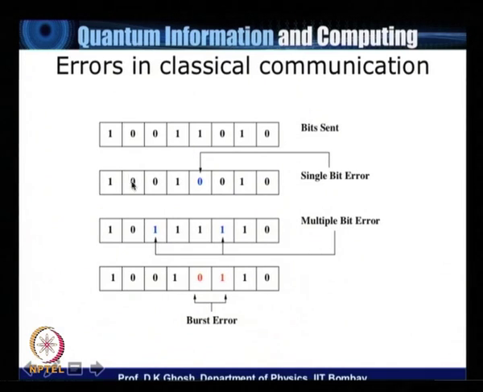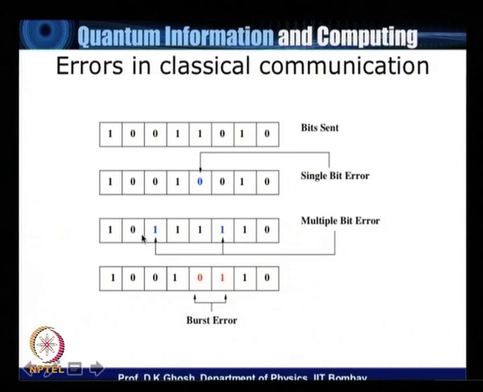Now if you compare the second line with the first one, this is not very clearly visible, but there is a different color, a blue color there. You notice that all other bits have remained the same, but this 1 has become a 0. This is what I would call a single bit error.